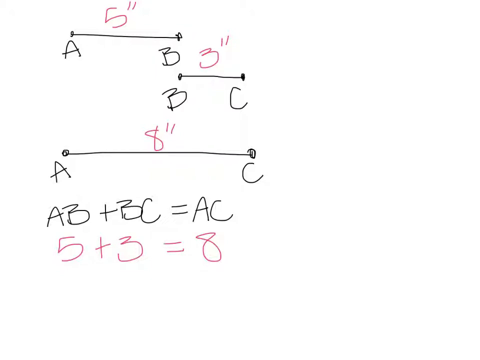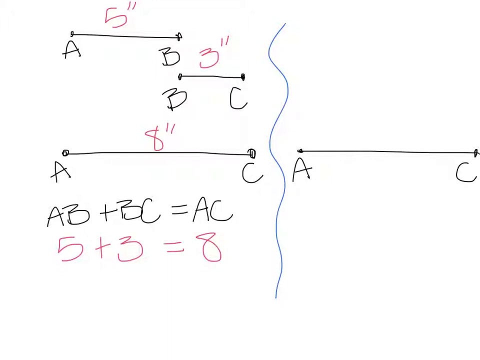So let's take a look at some different segments. Some of them we're going to use segment addition postulate. Some of them we're going to use the idea of a midpoint. So let's just take a second really quick and look at a midpoint segment idea. Let's say that we have this segment AC and we place a point on it so that that point is exactly in the middle.